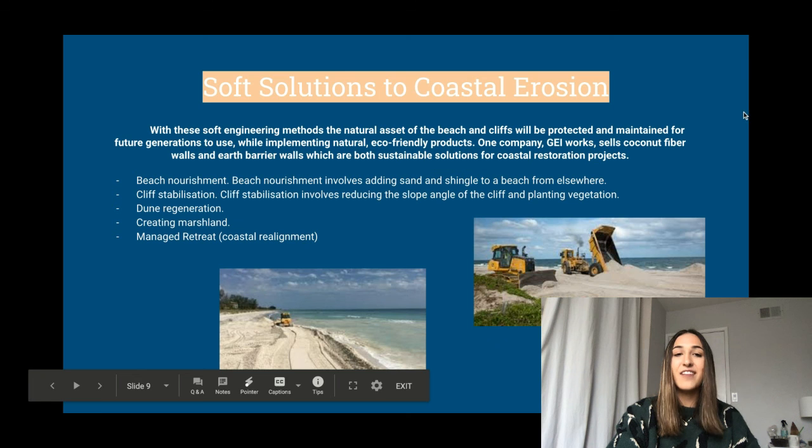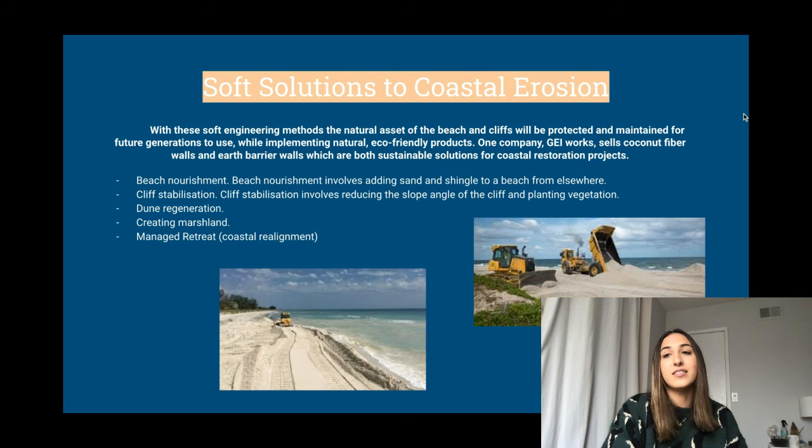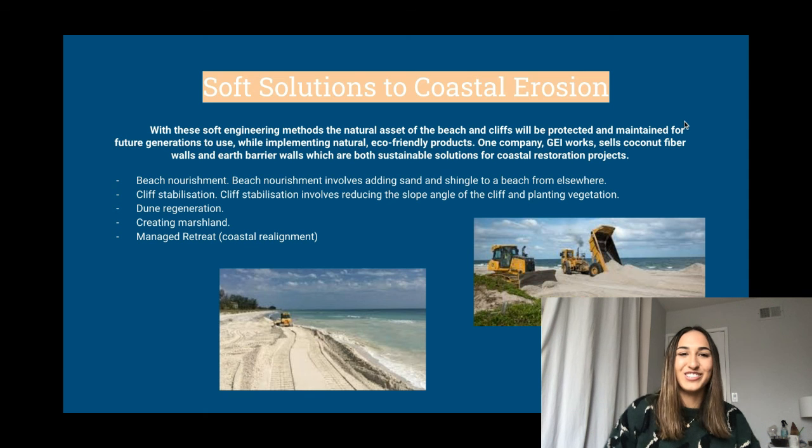And next, we have soft solutions to coastal erosion, which is second most sustainable next to the non-structural. So with these soft engineering methods, the natural asset of the beach and cliffs will be protected and maintained for future generations to use, while implementing natural, eco-friendly products.